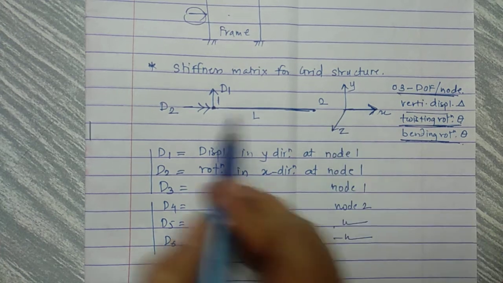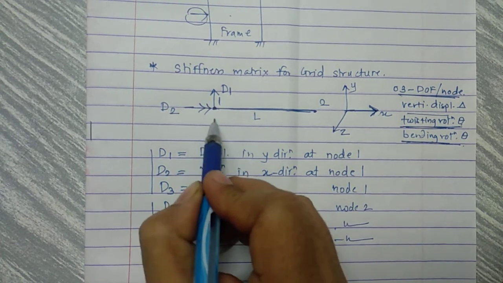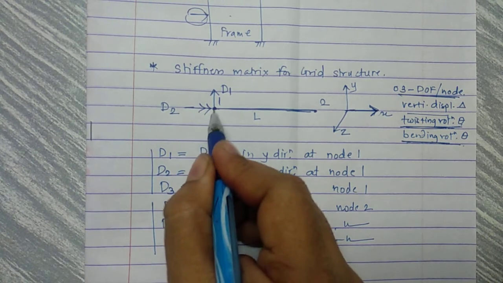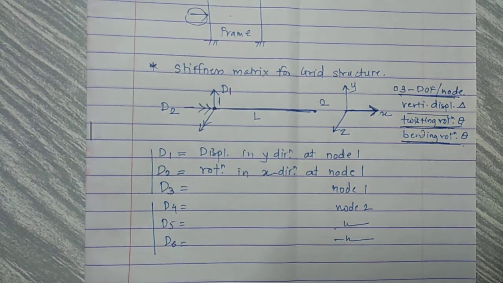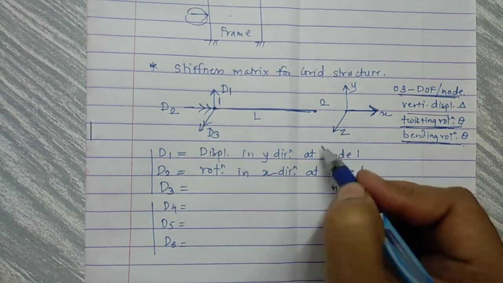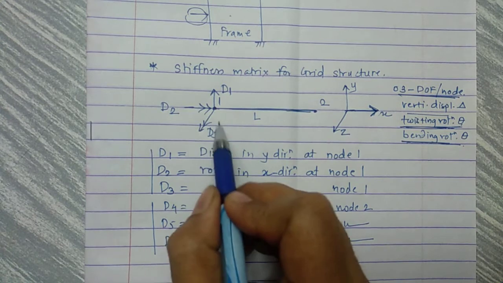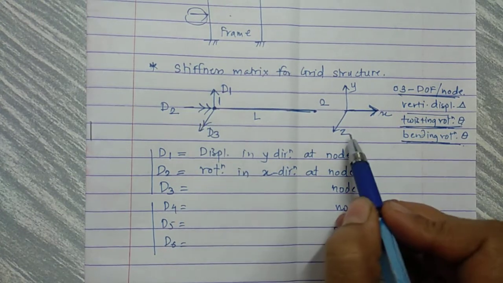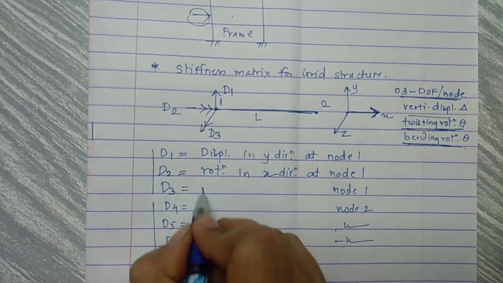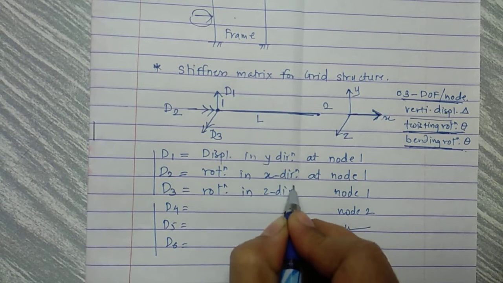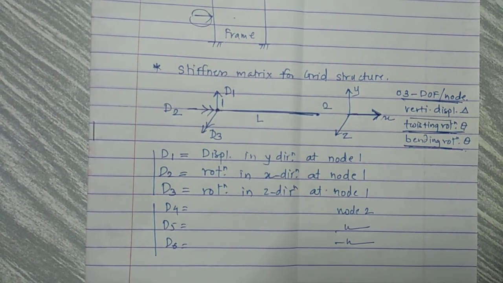Here that moment we can show with a circular arrow, but we'll use the same sign convention, that is this double headed arrow. This is your D3, about that z axis this moment is acting. So what is D3? Rotation in z direction at node 1.